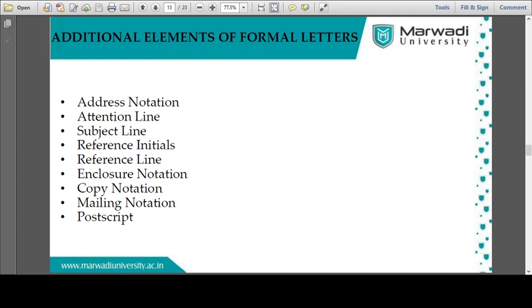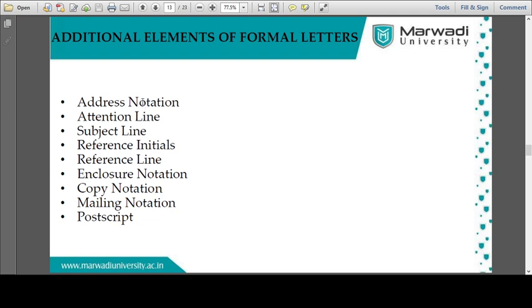Now the next point is copy notation. Yeah, before copy notations, the reference line is there.